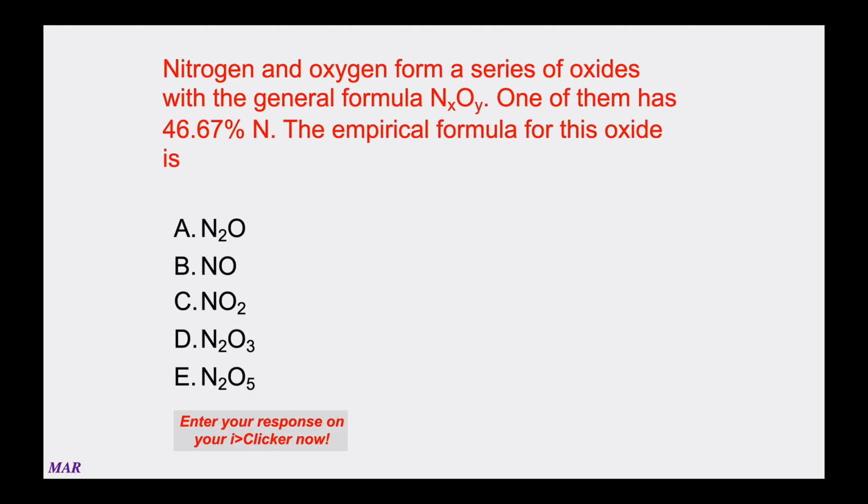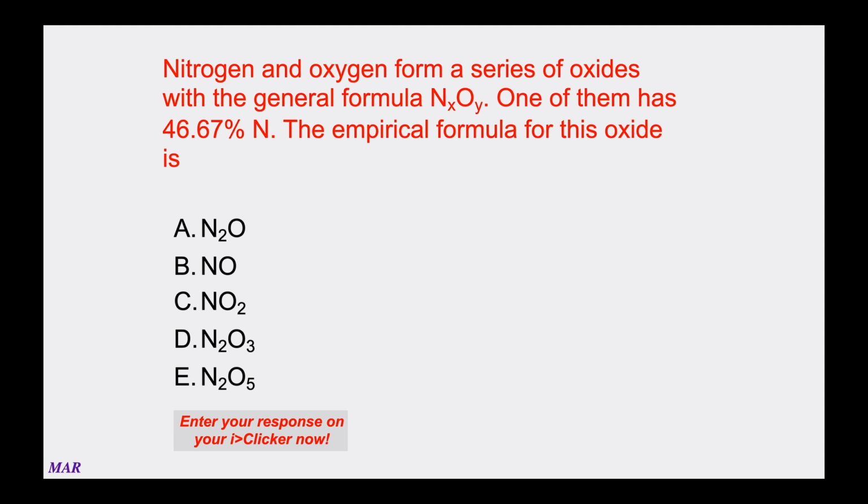There's a whole series of nitrogen oxide compounds, all right? There's N2O, there's NO2, there's NO, there's N2O4, and the list goes on and on and on. One of the compounds has a percent nitrogen of 46.67%. We can use this information to calculate the empirical formula of this nitrogen oxide compound.